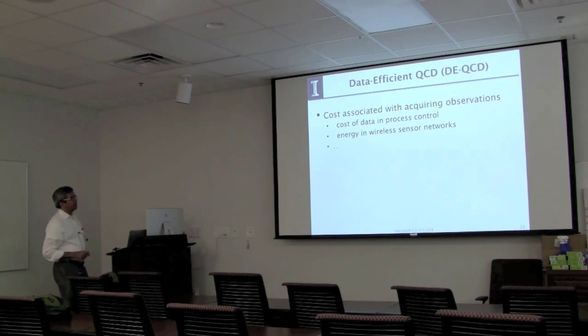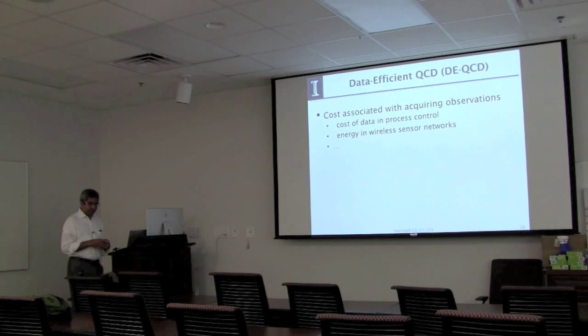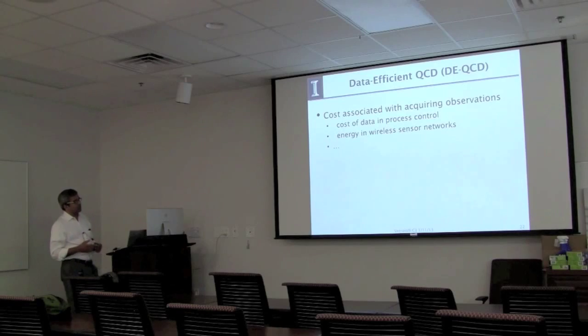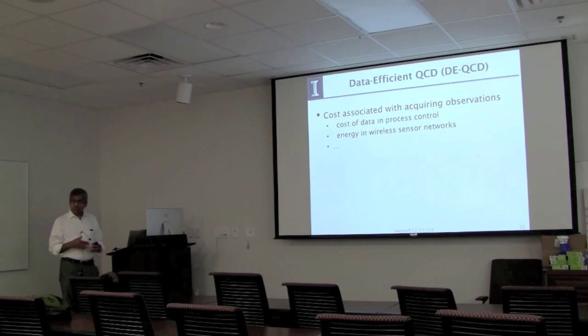Okay, so now let's talk about the data efficient setting. So that was just a review of quickest change detection in general. This is the new stuff. Suppose there's a cost associated with acquiring the observations. In process control, for example, in manufacturing settings, there's a cost associated with testing batches, right?